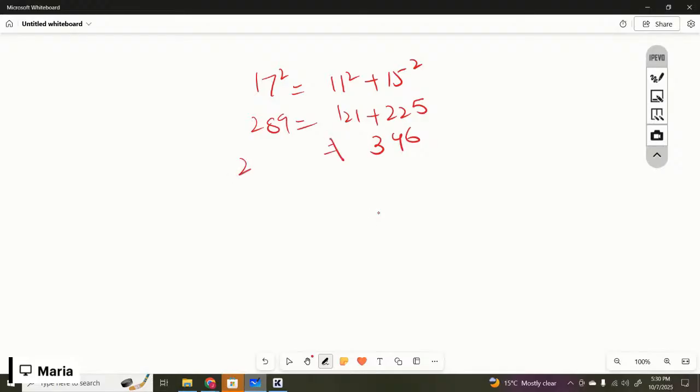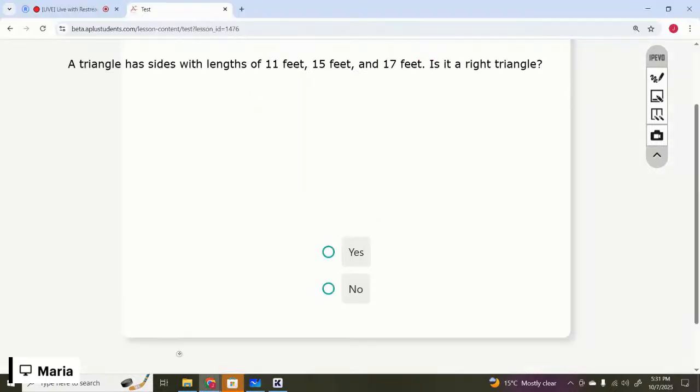So they are not equal. That means the measurements 17, 11, and 15 are not of a right triangle. The correct option is no.